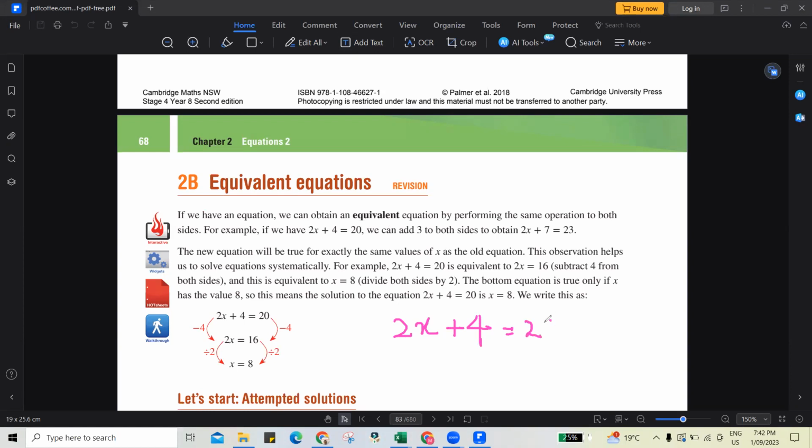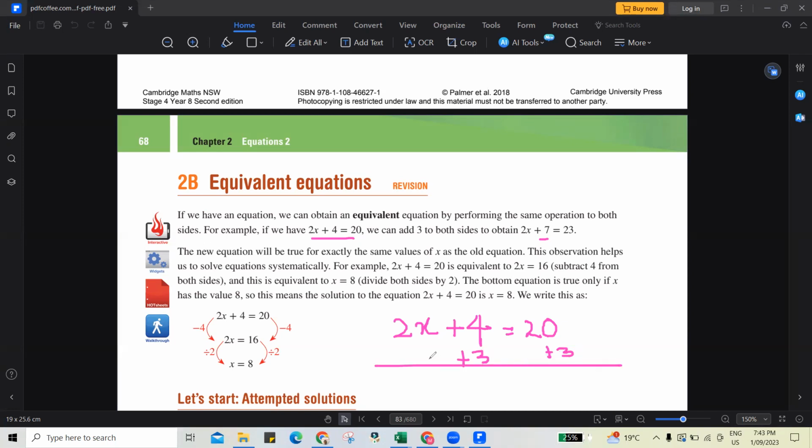The x is the unknown variable. Then we are going to find the x value. We can add 3 to both sides. What are they doing here? We add 3 to both sides.